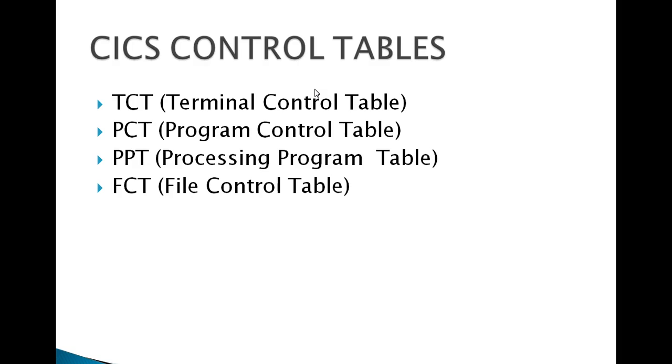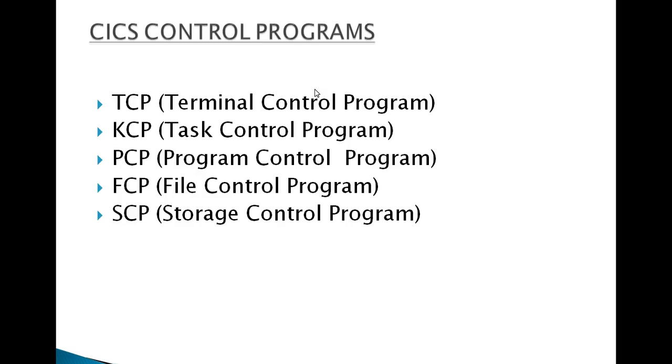If you use different files in a program, you need to register those file names in the FCT. The file entry has the data set name, the record length, and the maximum and minimum length. That's it about the CICS control tables and control programs and their importance.